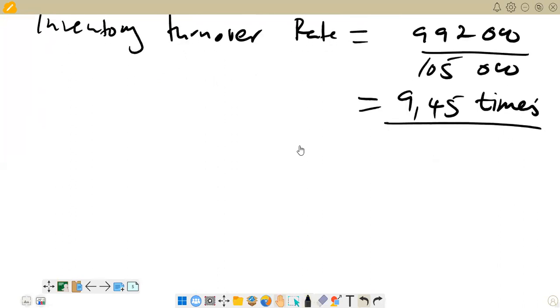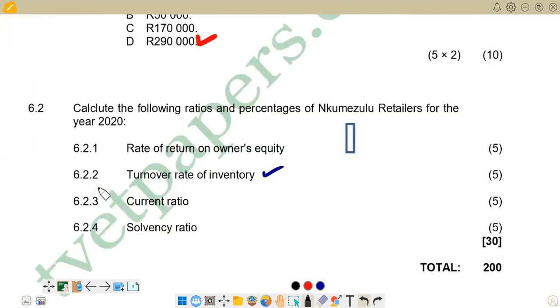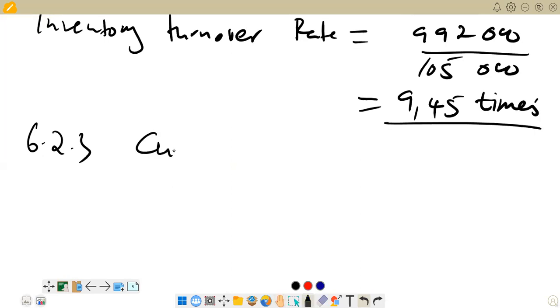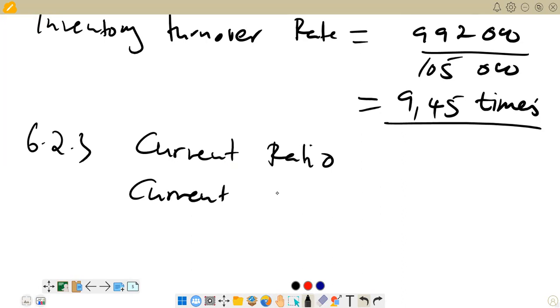Then we go to 6.2.3, the next question. We go check what we have in terms of that one. We have got current ratio. On the current ratio, remember the formula: current assets to current liabilities.